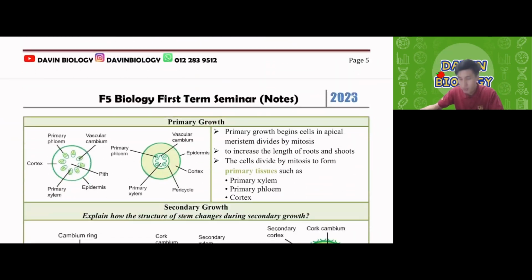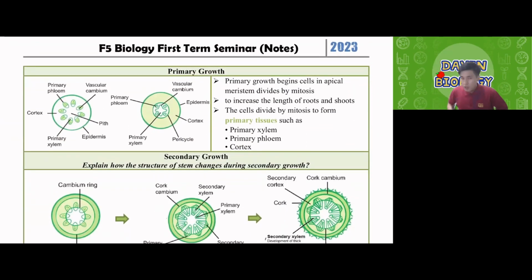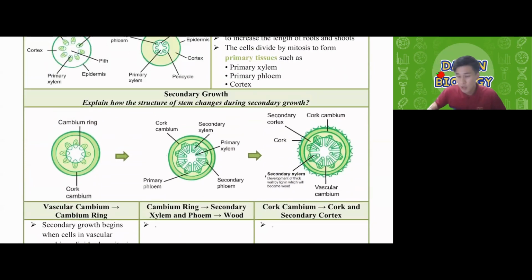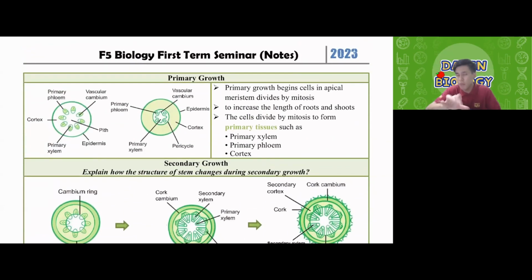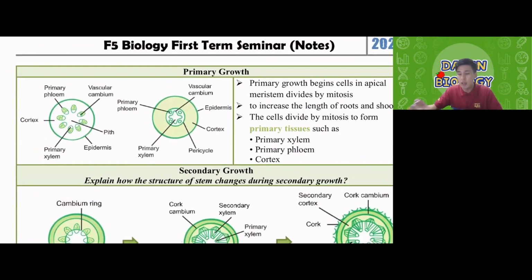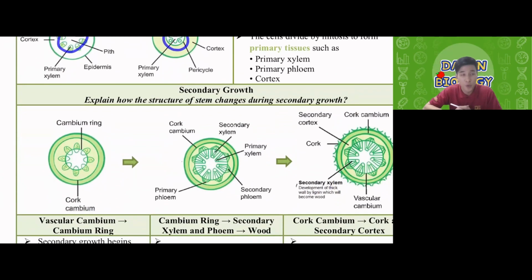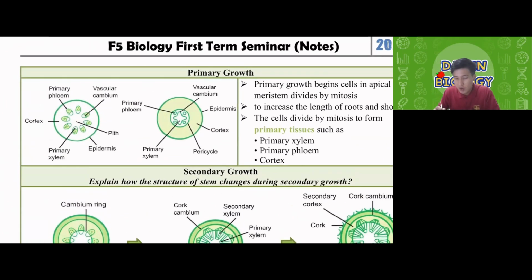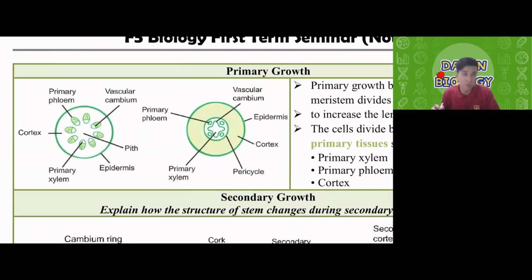So straight away, we come here. Secondary growth process. But before we go to secondary growth, let's mention a bit about primary growth first. Because you can see the primary growth stem and root structure is very different from secondary growth. Once you undergo secondary growth, you form all the extra tissues here. So before that, this is how a stem and root look like during primary growth.